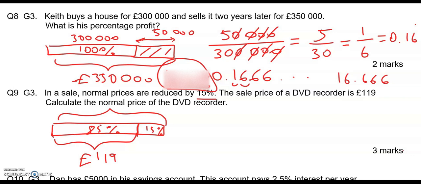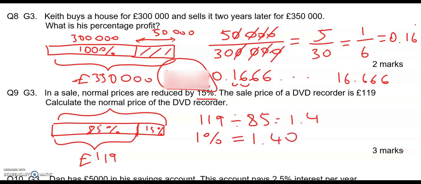I can't divide it by 100 because it's not worth 100%. If I divide it by 100, it's going to give me just 1% of 119, not 1% of the original price. So I'm going to go 119 divided by 85, which gives me 1.4. So that suggests that 1% is equal to £1.40.